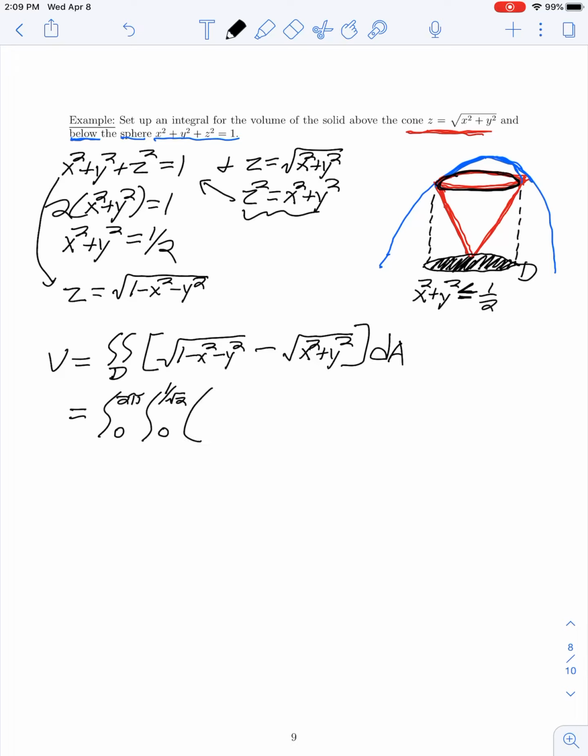So expressing our function in terms of polar coordinates, we have the square root of 1 minus x squared plus y squared, which is given by r squared, and then minus the square root of x squared plus y squared, which would be the square root of r squared. So we're left with just r.